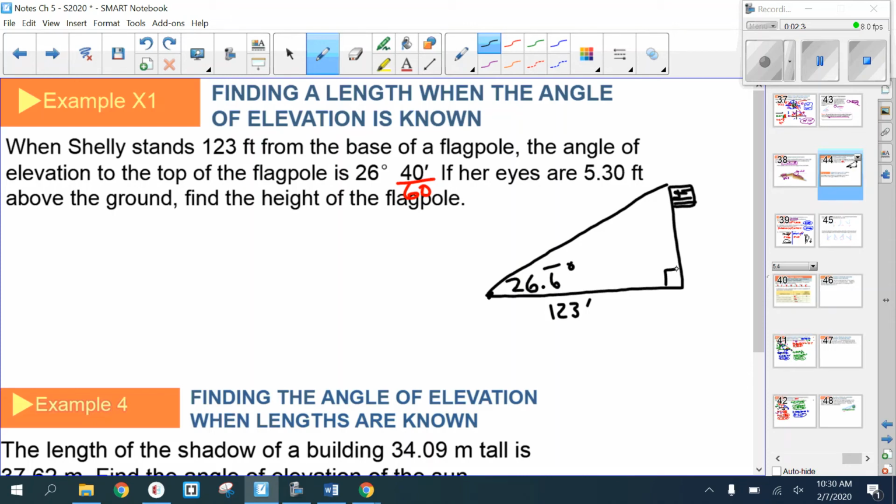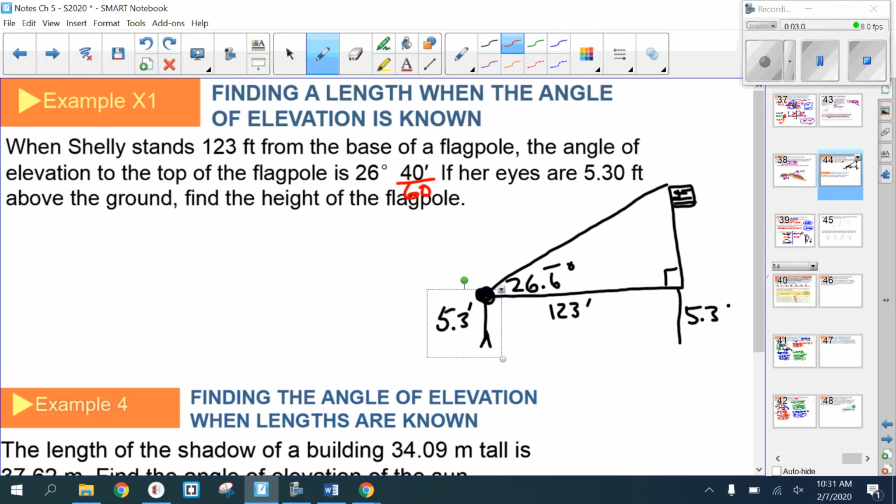Now the 5.3 feet. If her eyes are 5.3 feet above the ground, find the height of the flagpole. Shelley is standing here, but really this is where her head is, because that's where her eyes are. She's 5.3 feet above the ground, so you'd have to add that on. Over here is 5.3 feet.